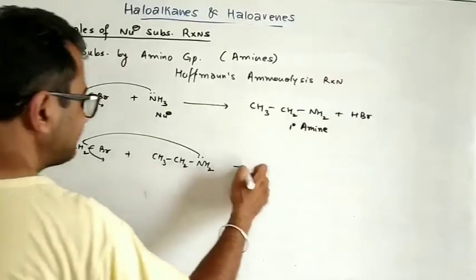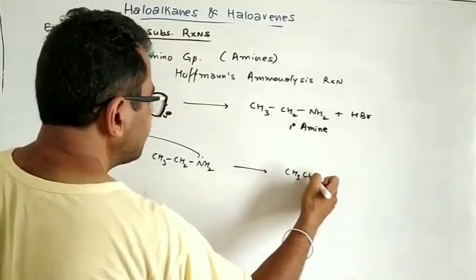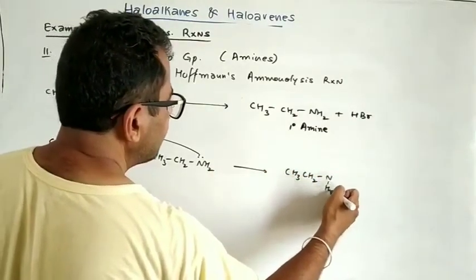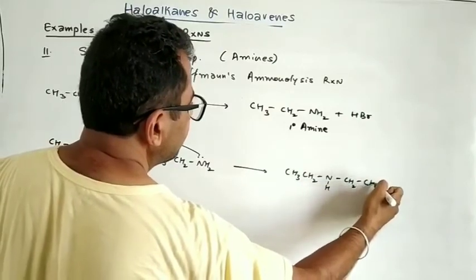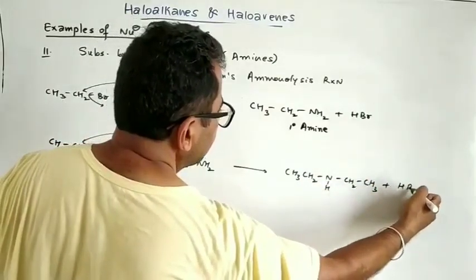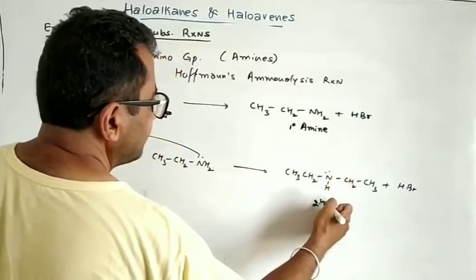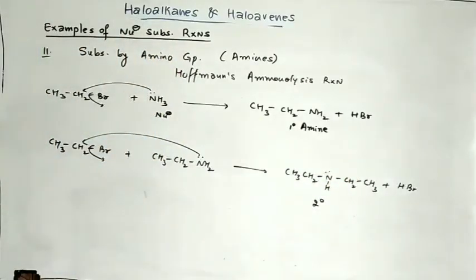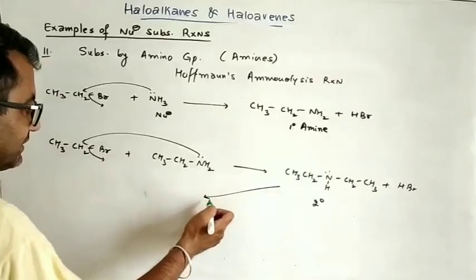Remove HBr to produce this, here the 2 degree amine. This may change into 3 degree also when we add one more molecule of this.